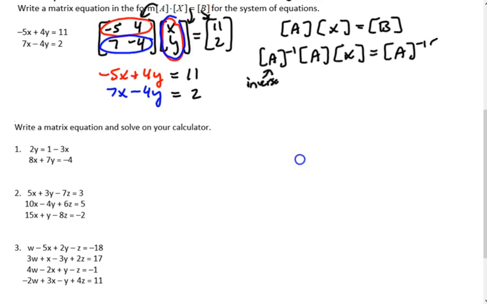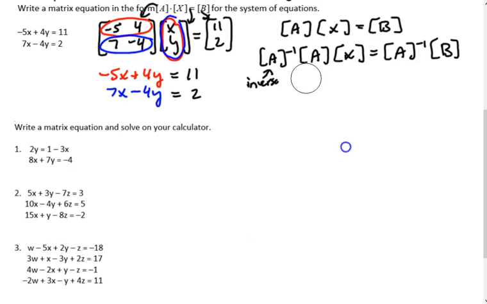And notice this is very important that it has to be done on the left-hand side, because I can multiply a 2 by 2 times a 2 by 1, but I can't multiply a 2 by 1 times a 2 by 2 because the inner dimensions don't match. So this has to be the 2 by 2 on the left.